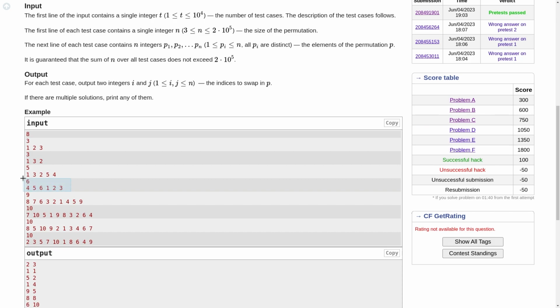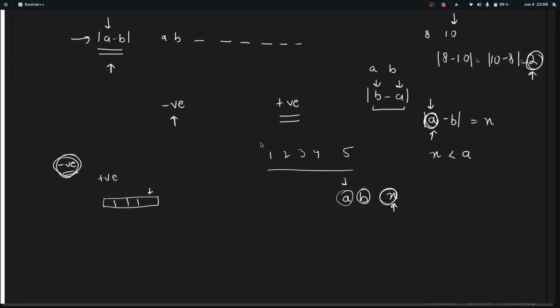I'm going to explain to you what they mean by subarrays which are a permutation. So let's say this whole array 4, 6, 4 and 5 and 6 and 1, 2, 3. This whole array is actually a permutation, right? So this will be counted as 1. Now if I take only 1 and 2, this particular subarray is also a permutation of size 2. So one more is added to my answer.